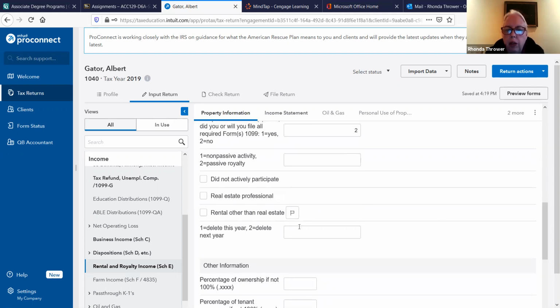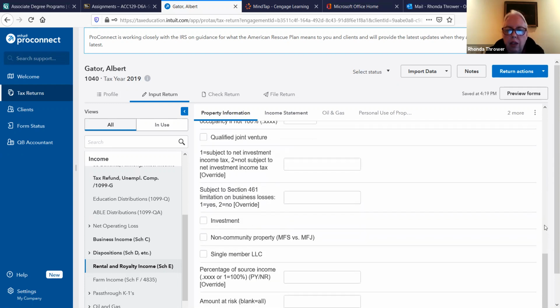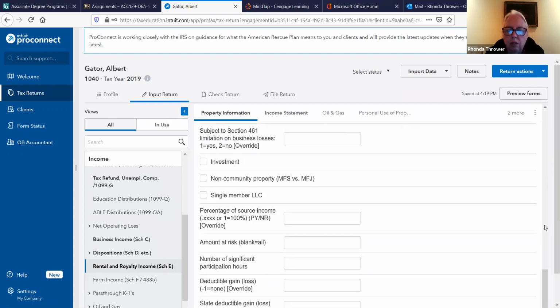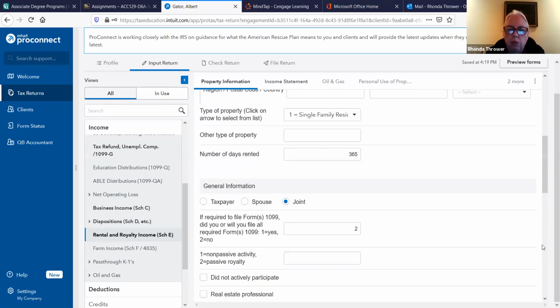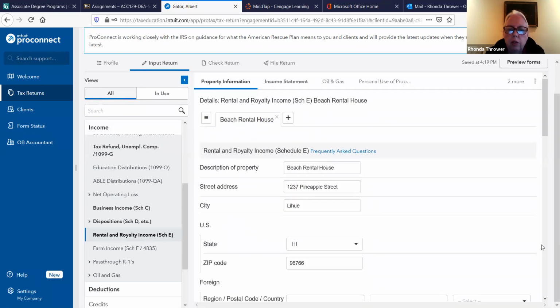I didn't really see a place where you could record that, so none of the rest of this relates to the problem that we're looking at. So that's about all that I would put down for property information. But you do need to know what type of property it is to be able to describe it, and the address is basically what you need in this section here.